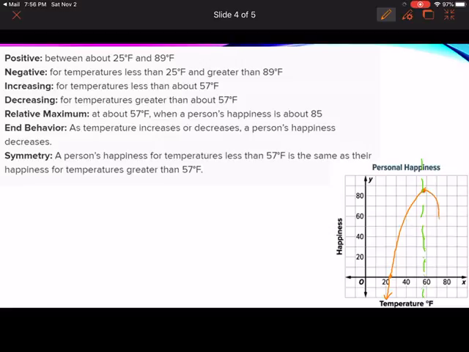So that's where we get this decreasing. And it is negative at about 89 degrees. So we're going to have a point at 89 degrees as well. And that's what our graph's going to look like. And I got all this information just from the information that was given.